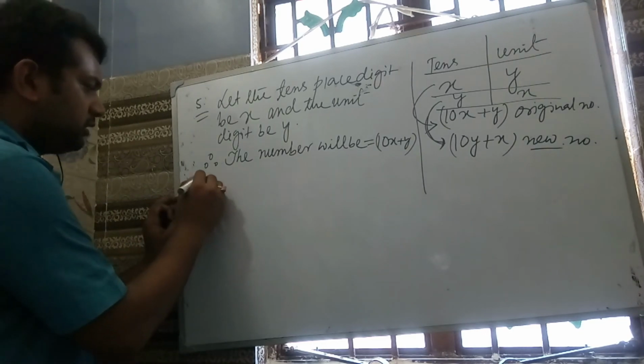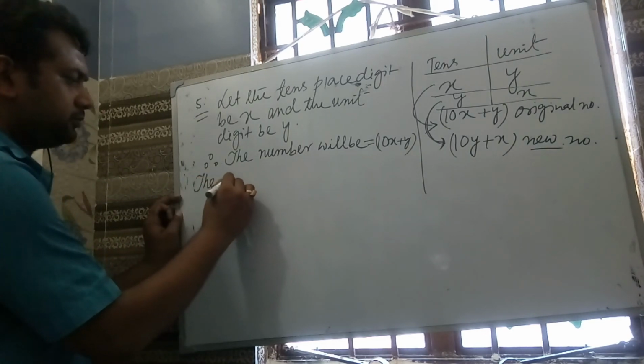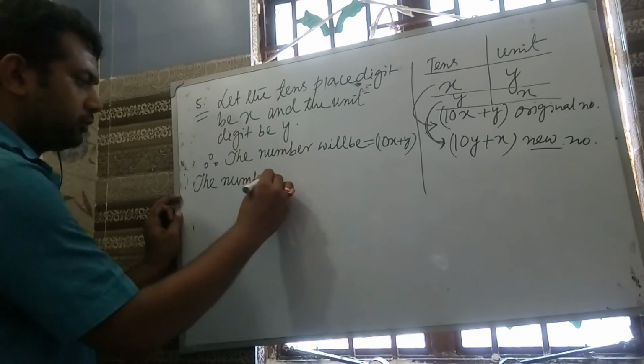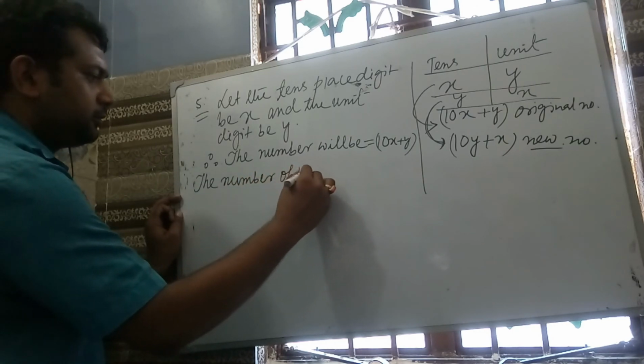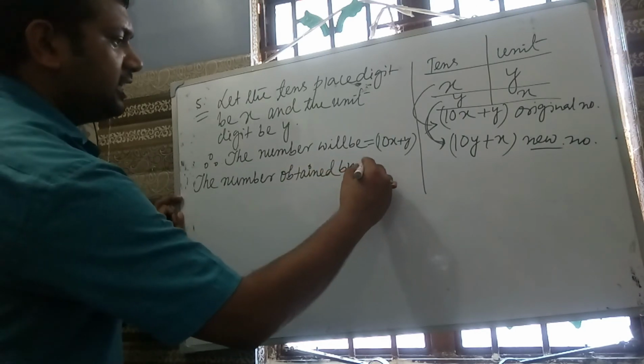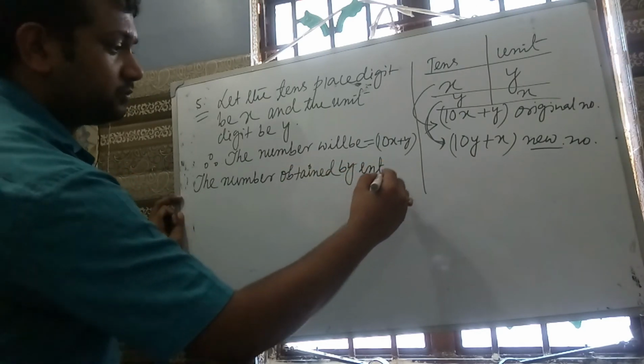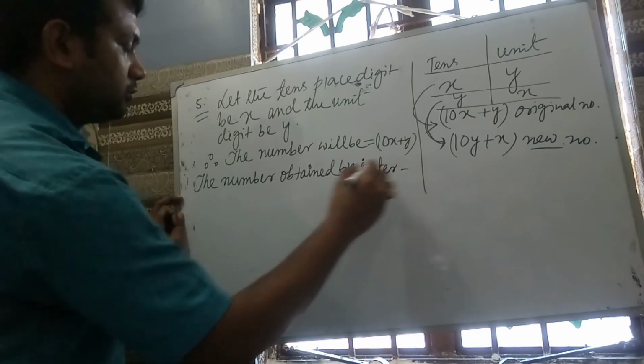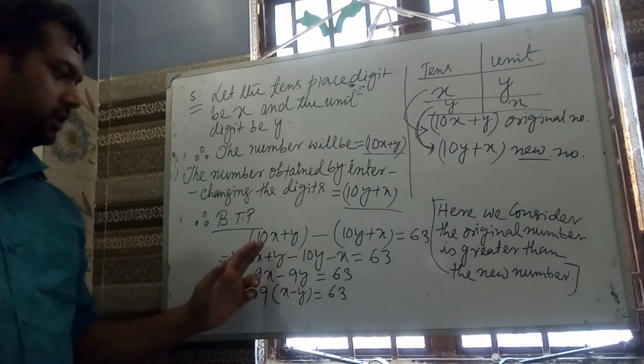Next line, the number obtained by interchanging the digits here.